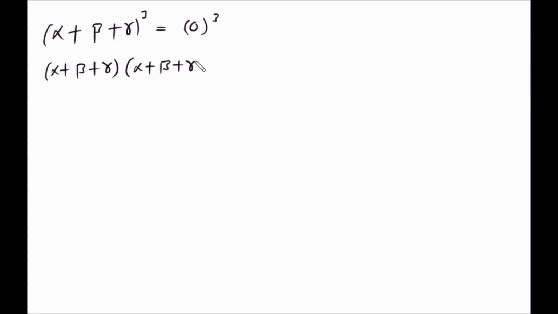So tulisema alpha plus beta plus gamma ni sawa na 0. So power 3 both sides now. Kwa hiyo upande huu itakuwa ni alpha plus beta plus gamma times alpha plus beta plus gamma times alpha plus beta plus gamma sawa na 0.